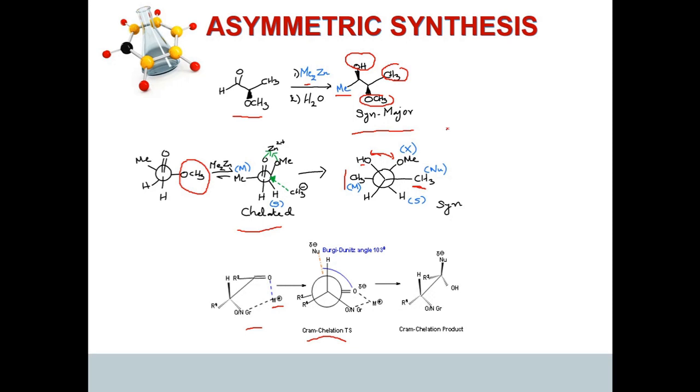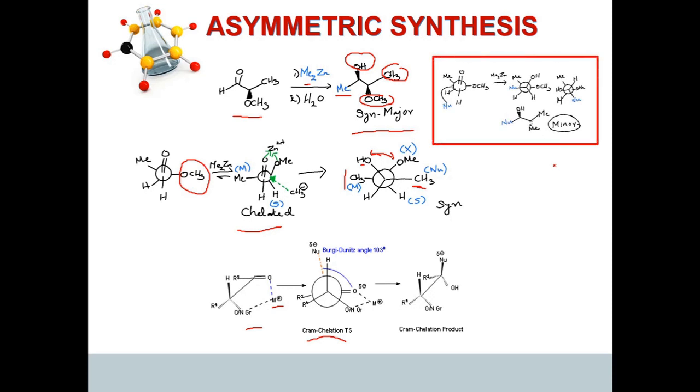So one needs to understand, according to Cram's rule, the syn diastereomer is the major product, and if the carbon adjacent to the carbonyl carbon contains an electronegative atom, we end up with the anti diastereomer, and if that electronegative group has the capability to form a chelated complex, then we end up with syn as the major product.